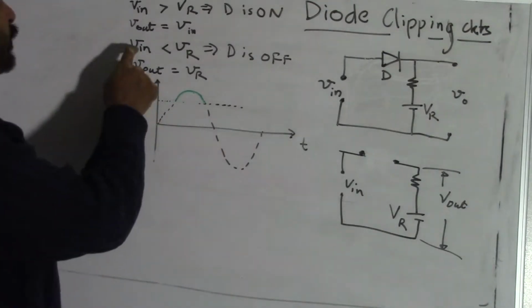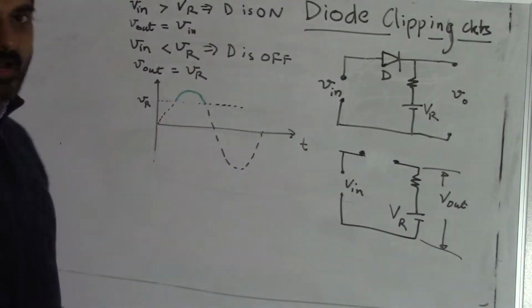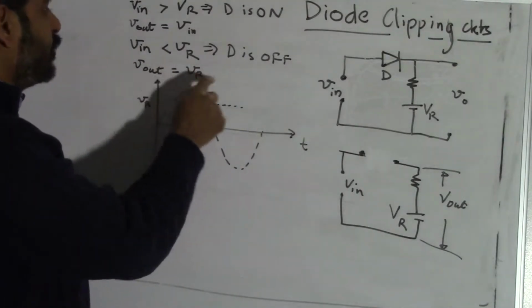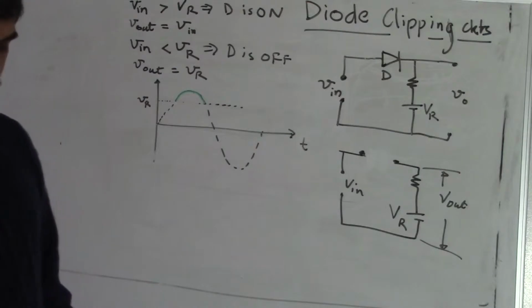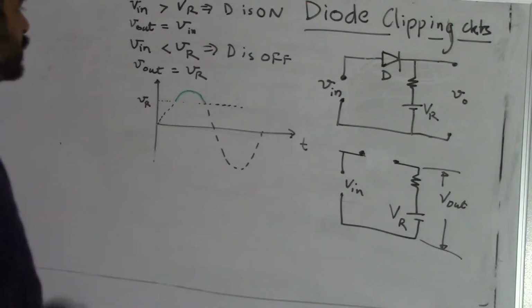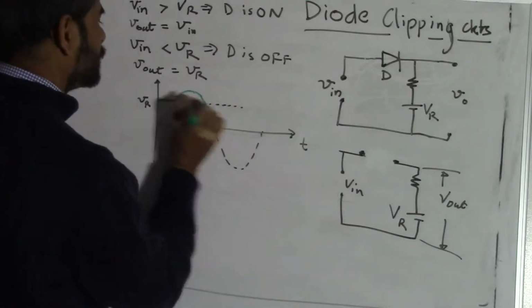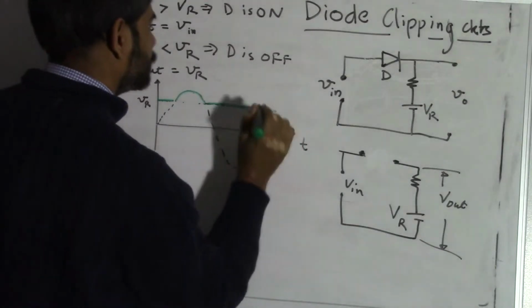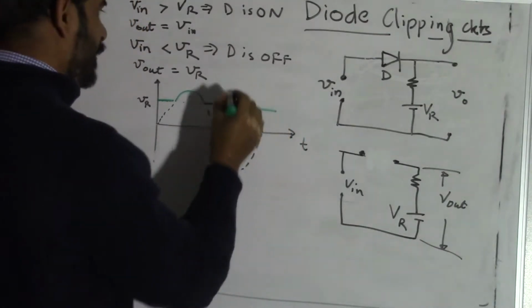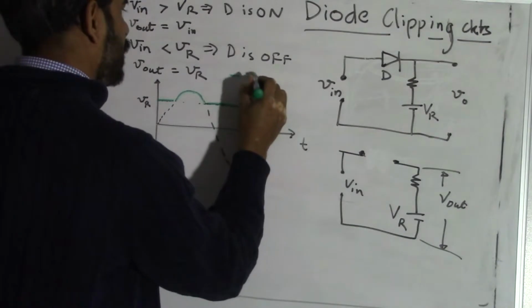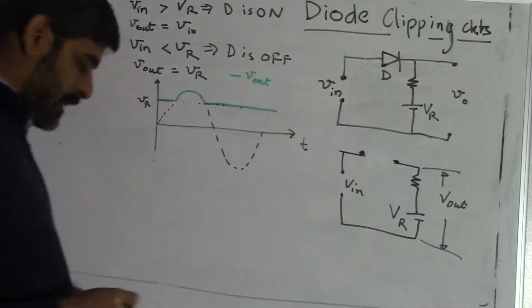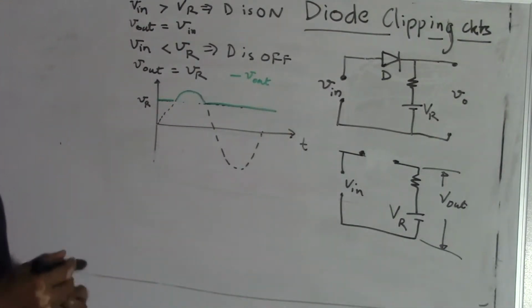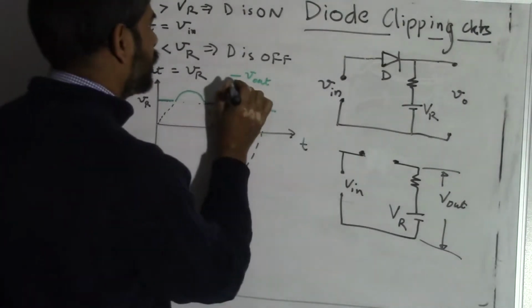And when V in is less than VR, the output voltage stays at VR. So I can draw this output voltage as this, using this line. So this green line is shown as V out, and the black line shows V in.